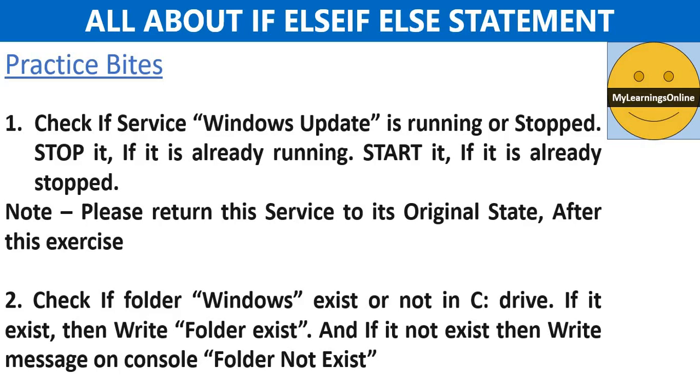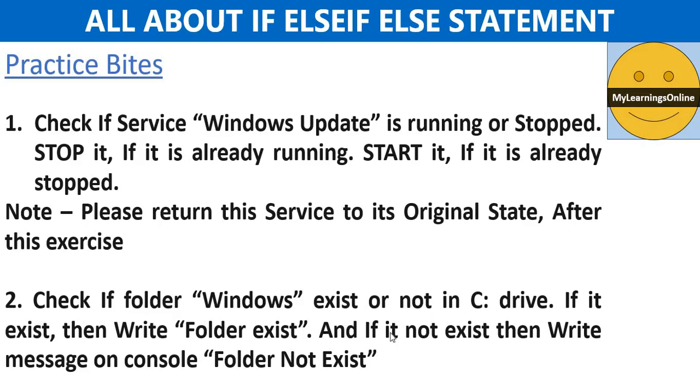Labs are: check if service Windows Update is running or stopped in your system. Stop it if it is already running, and start it if it is already stopped. Please note, return this service to its original state after this exercise, right? Our second lab is check if folder Windows exists or not in C drive.